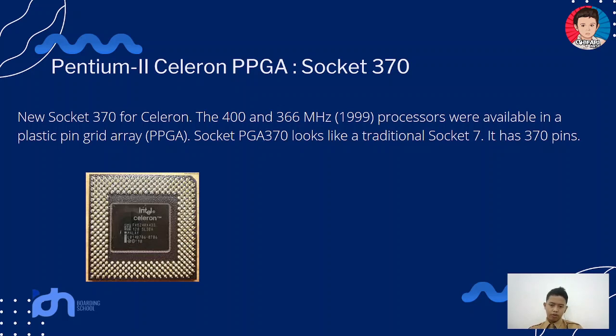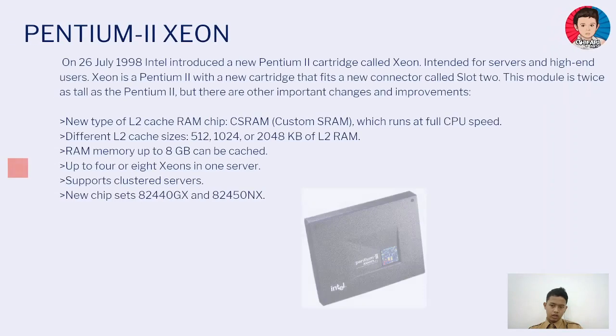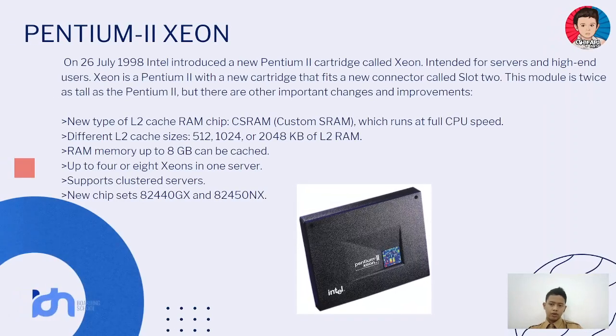The 400 and 366 MHz processors in 1999 were available in a plastic pin grid array or PPGA. Socket PGA 370 looks like a traditional socket 7. It has 370 pins.